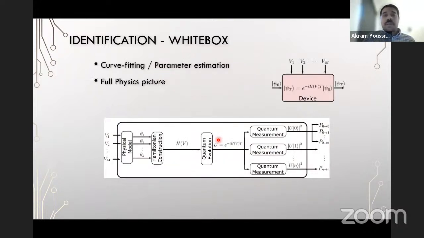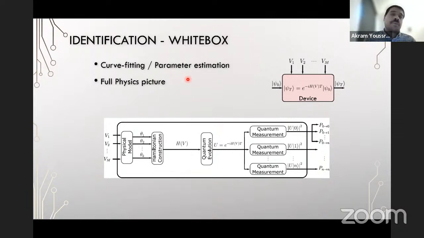There are many ways you can build this machine learning model. The first approach is what we call a white box, which is the basic curve fitting, the basic procedure you do in any physics experiment: you collect some points, you plot these points, and you fit a curve.